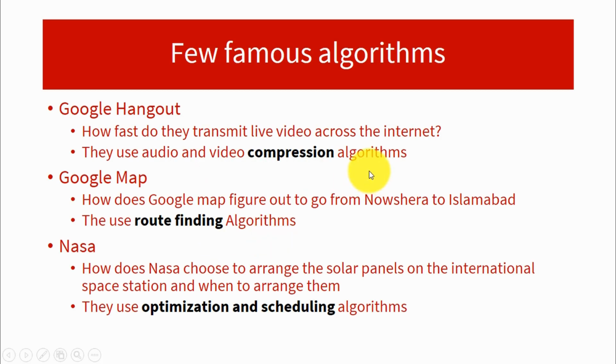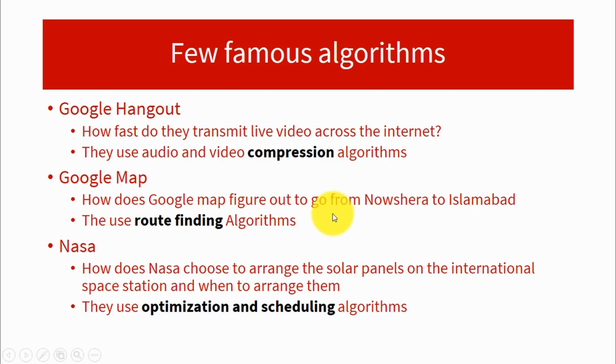There are a few famous algorithms I just wanted to touch on. The first is Google Hangouts, which is an application that transmits live video across the internet, but they do it in a blazing fast manner, and that's because they are using a compression algorithm behind the scenes. Similarly, Google Maps will guide you if you want to find a route from your source to destination. For example, let's say we want to go from Nowshera to Islamabad.